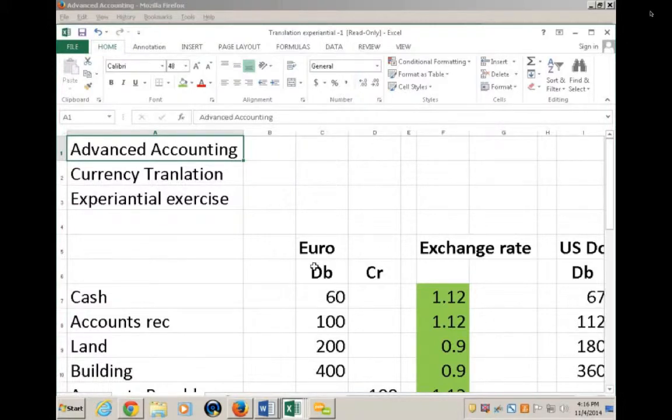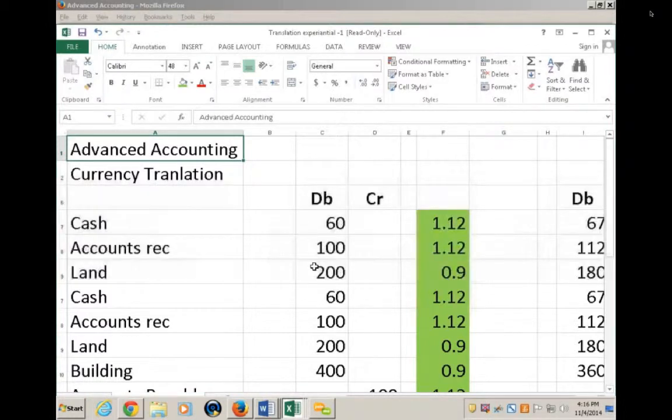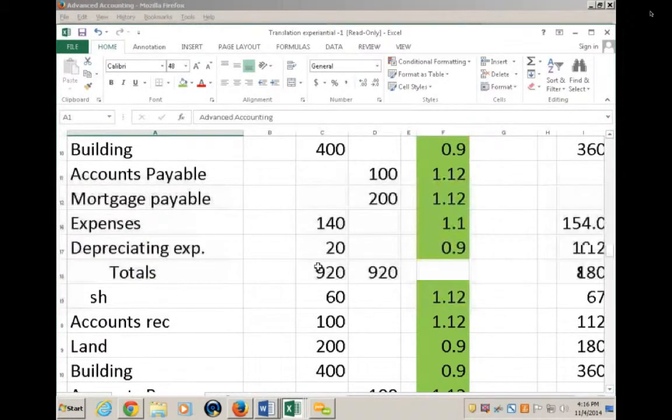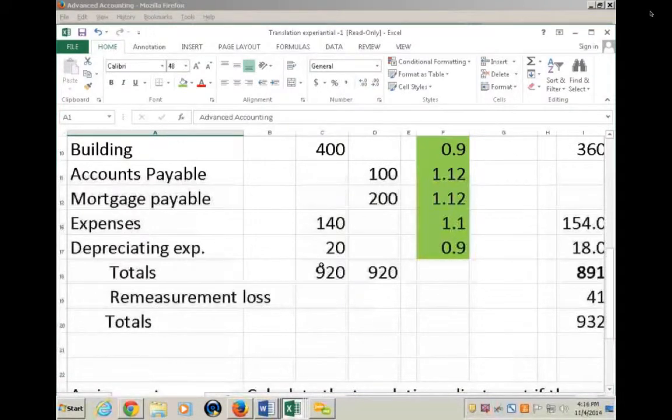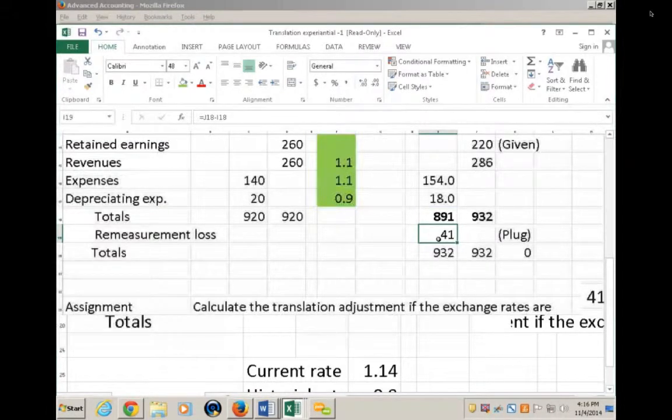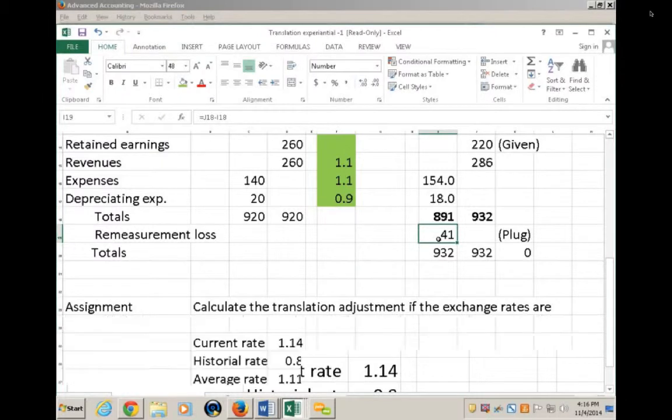Basically, this would go debit, OCI, remeasurement loss in OCI, and the credit would be, I'm trying to think, because it's basically just a loss.